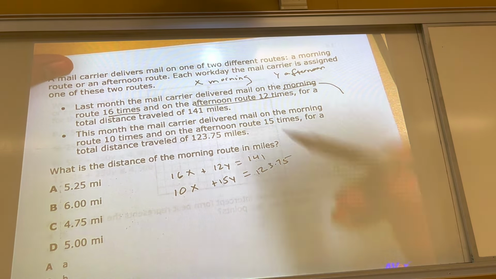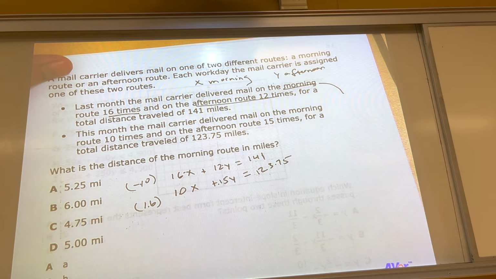So you can either do like 16 times this number and negative 10 times this one. Remember, we have to multiply negative 10 times all three of these numbers and 16 times all three of these numbers. So you get a whole other equation when you're done and you solve for the right thing, which is morning. So for me, I determined x was the morning, so I'm solving for x.